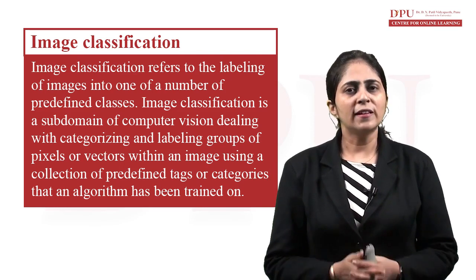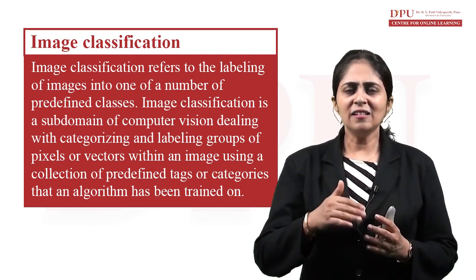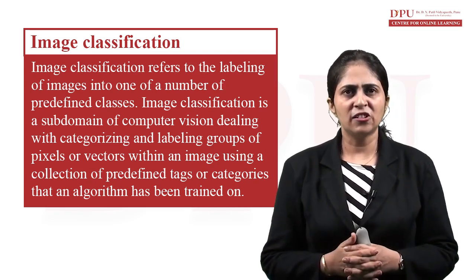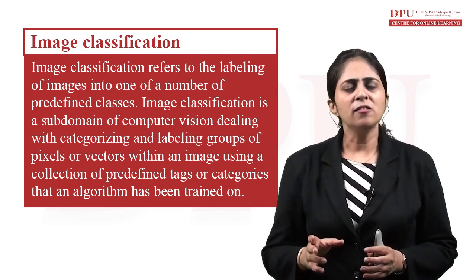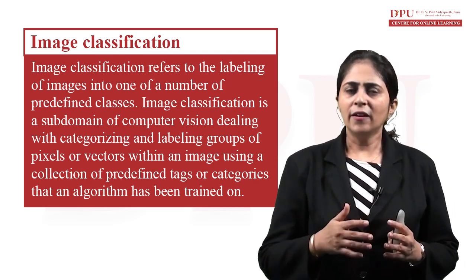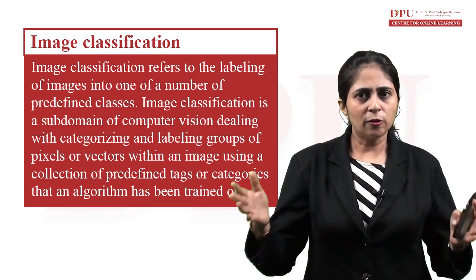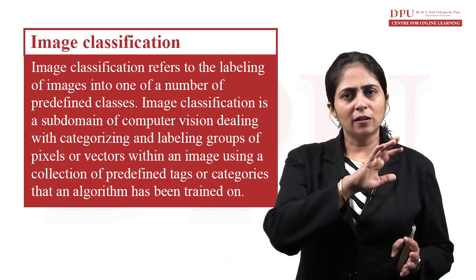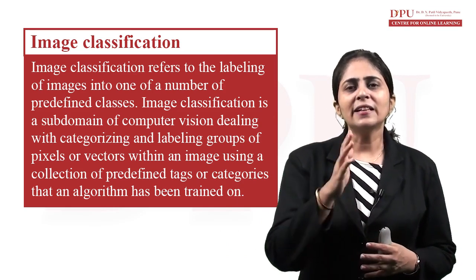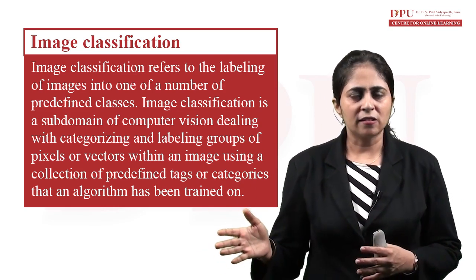So, what is image classification? It refers to the labeling of images into predefined classes. If we are talking about any particular environment, we capture a few images of that environment. Then we can classify them into different classes.